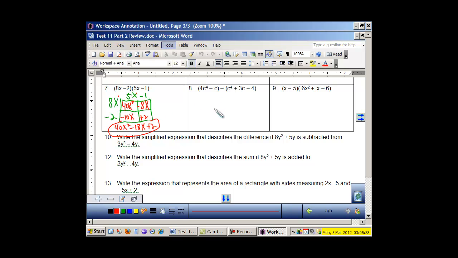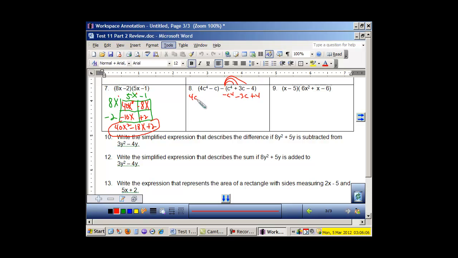Okay, check it out. This is a negative sign in between here, so we're just going to combine like terms after we get rid of this negative. Well, all we're going to do is take the negative 1, and everybody gets a negative 1, so all it means is we're going to change signs. So I have a negative c to the 4th, negative 3c, and negative times a negative is plus 4. I come over here and bring this down.